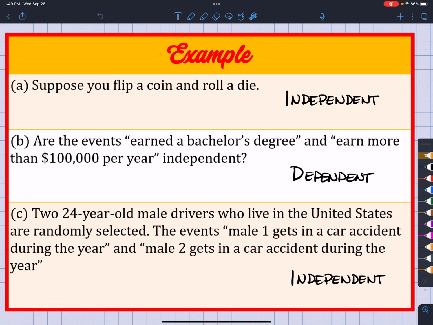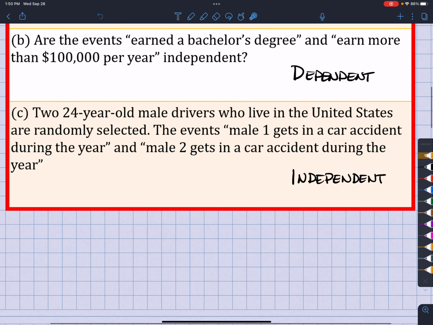Earning a bachelor's degree, chances are, is why you will get a $100,000 salary per year. And if two 24-year-old male drivers in the United States happen to get in an accident, it doesn't necessarily mean that one caused the other. That's what it means to be independent.